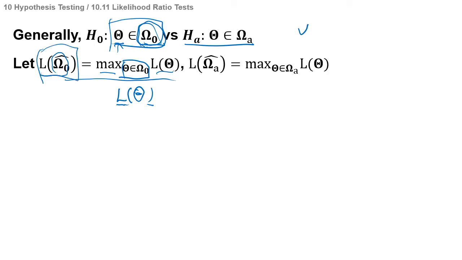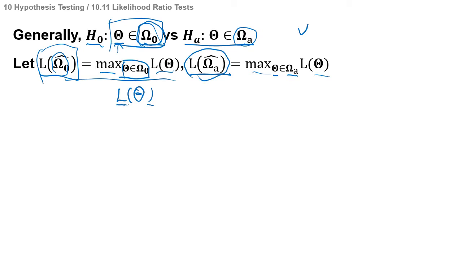This is the maximum likelihood inside the null space, and let the other value be the maximum likelihood in the alternative hypothesis space. In this case theta lives in the alternative hypothesis space, and we take the maximum value of the likelihood in that space, which is L omega A hat.